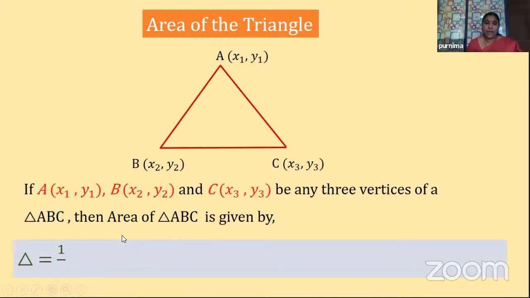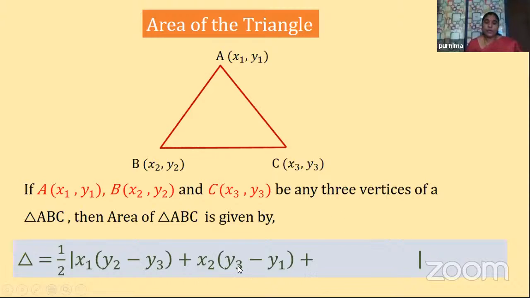It is given by half into mod x1 into (y2 minus y3) plus x2 into (y3 minus y1) plus x3 into (y1 minus y2).